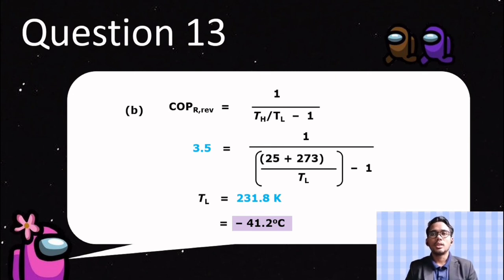So right here, we insert the value 3.5 for COP, and TH we got the value, so 25 plus 273. Okay, and then after that we solve it, so we got the answer 231.8 Kelvin. But the question asked for Celsius, so we need to transfer, and so we get the answer negative 41.2 Celsius. Okay, so thank you for watching.